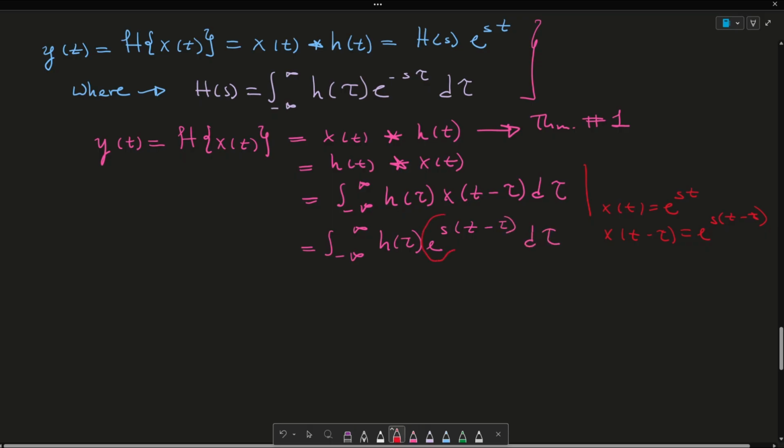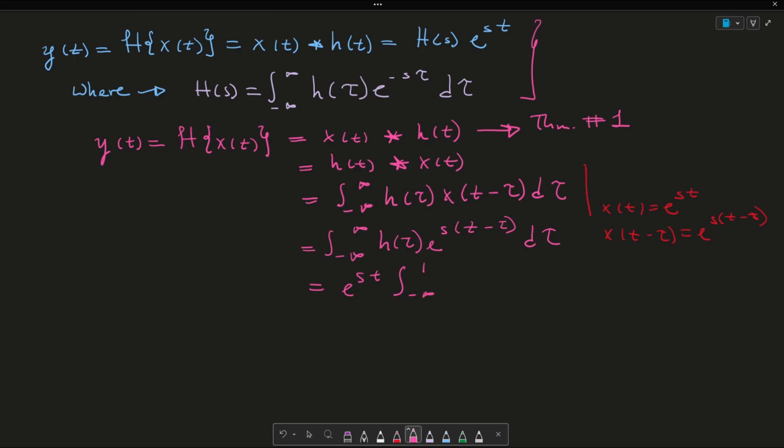Since e to the st is simply a constant when we're talking about this d tau integral, we can pull it out. So we say that this is equated to e to the st times the integral from minus infinity to infinity of h of tau e to the minus s tau d tau.